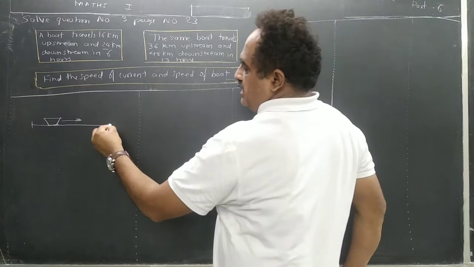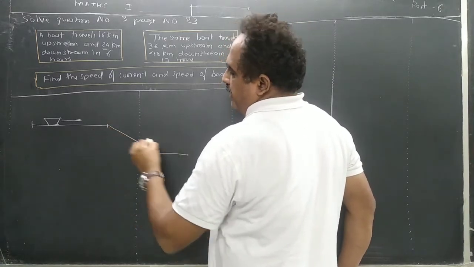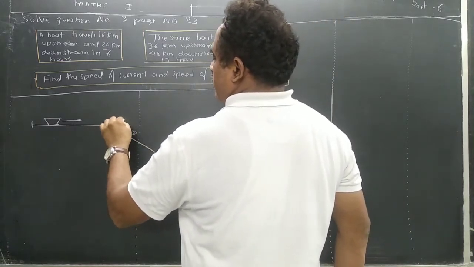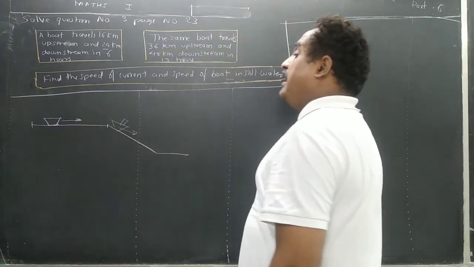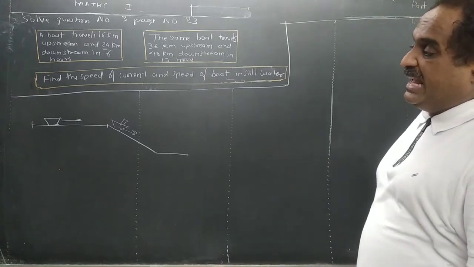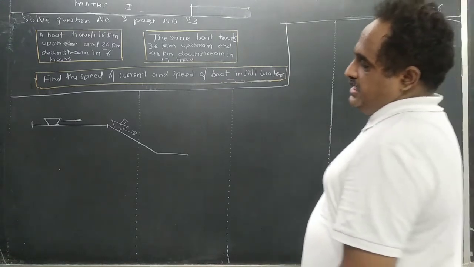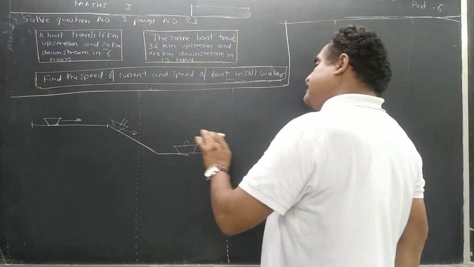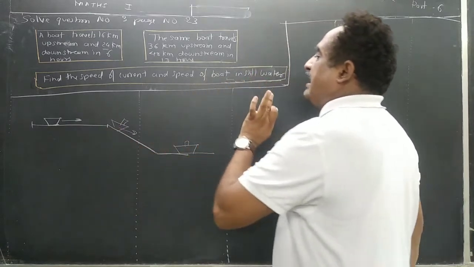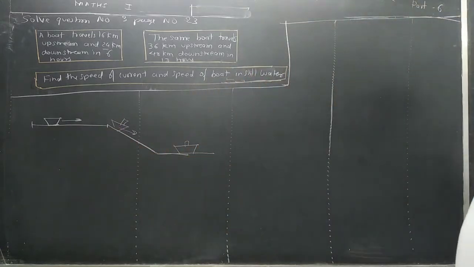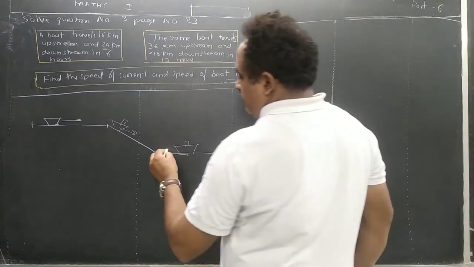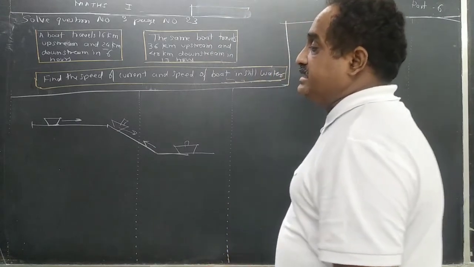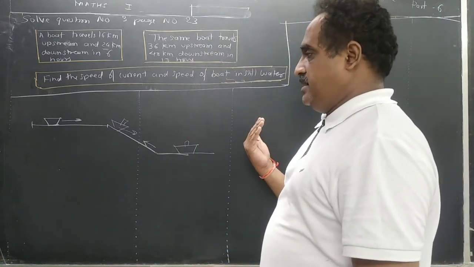But once water starts flowing, then as soon as it comes here, whatever the boat's speed is, the speed will increase. Is it right? And when the boat reaches over here, it will again start traveling with its original speed in still water. Is it right? But when a boat is traveling in the backward direction, then what will happen? Speed will decrease. Is it right?